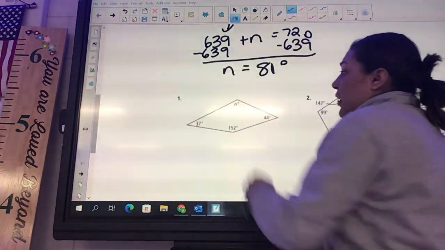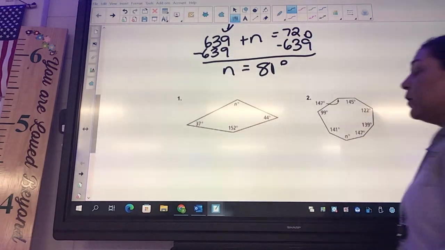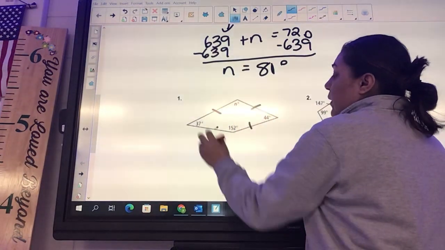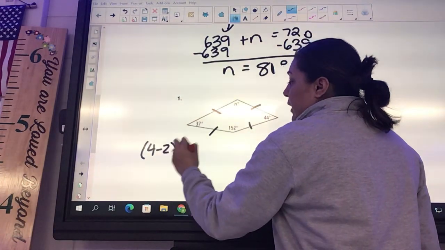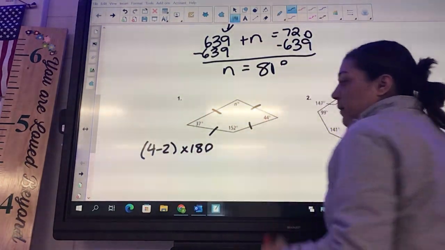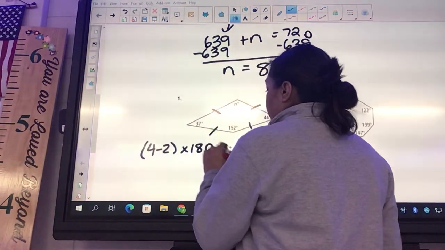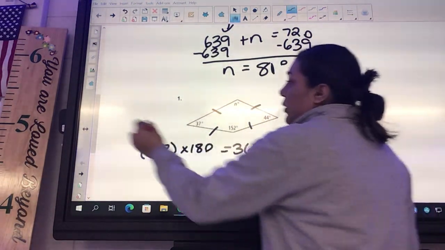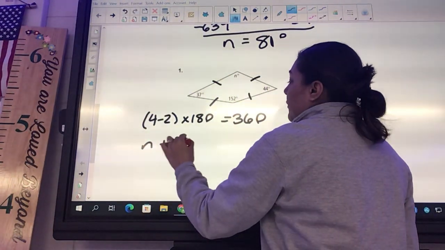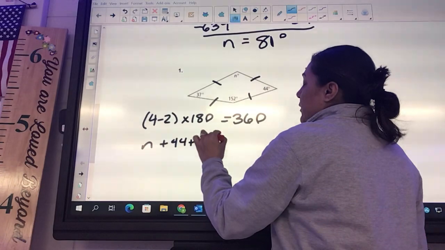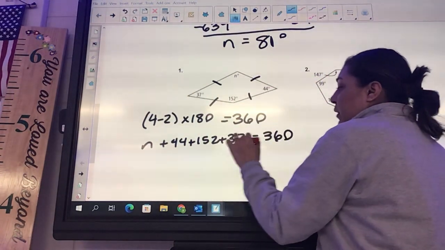Okay, look at number 1. How many sides? There's 4 sides, so it's going to be 4 minus 2 times 180. And what is that? 360. So we take all these and put n plus 44 plus 152 plus 37 equals 360.